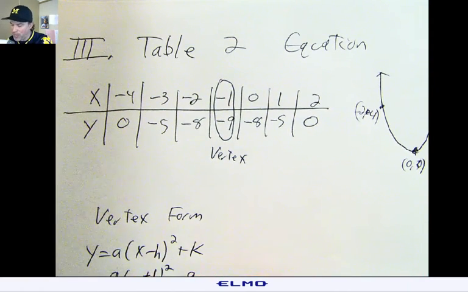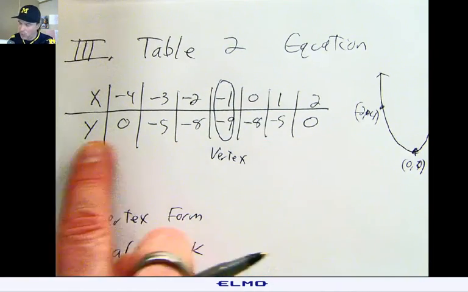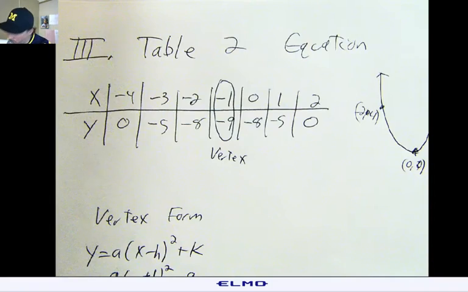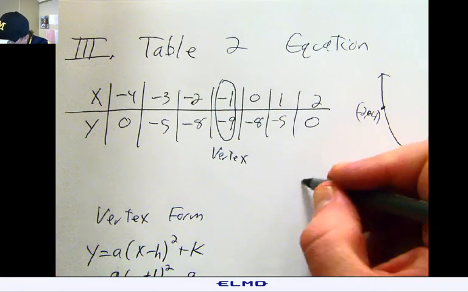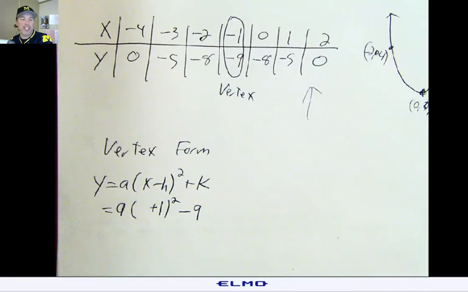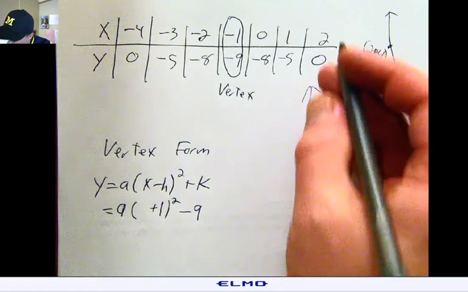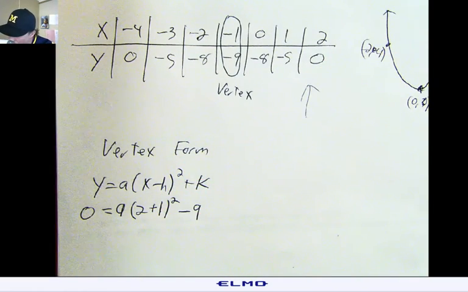I'm looking for the a, and then I can plug any one of these coordinates into the equation, and as I look through these coordinates, this coordinate right here, 2, 0, looks like the very easiest coordinate to deal with, so I'm going to change the y to a 0 and the x to a 2.